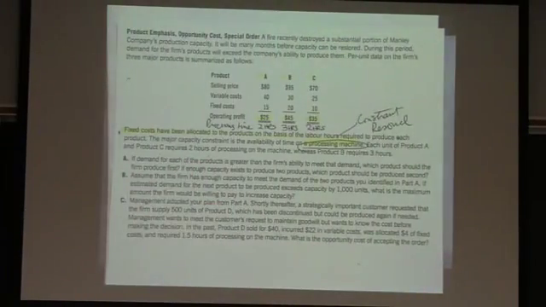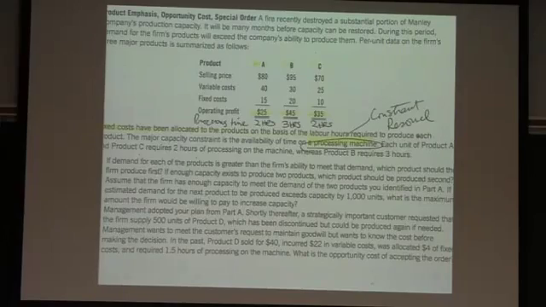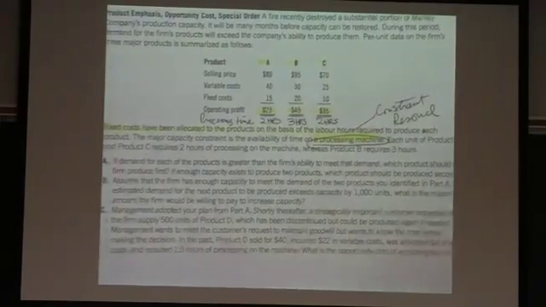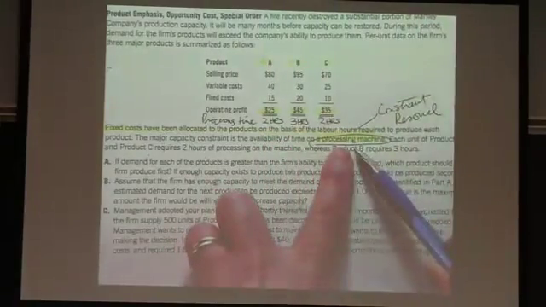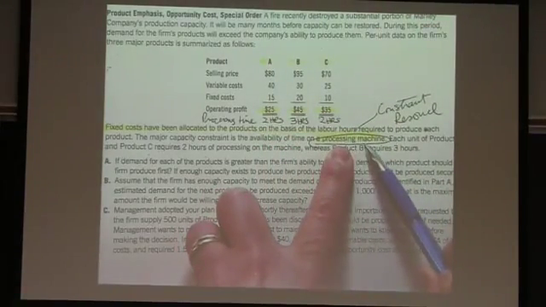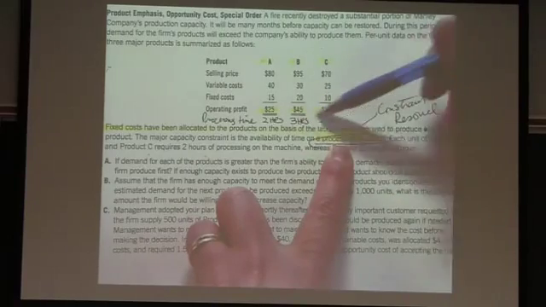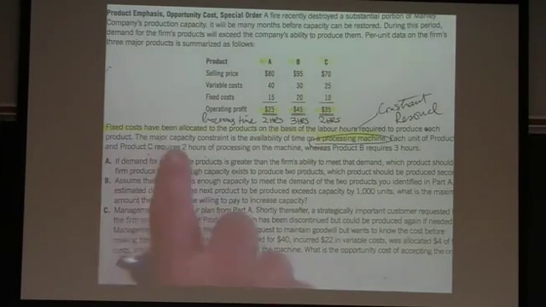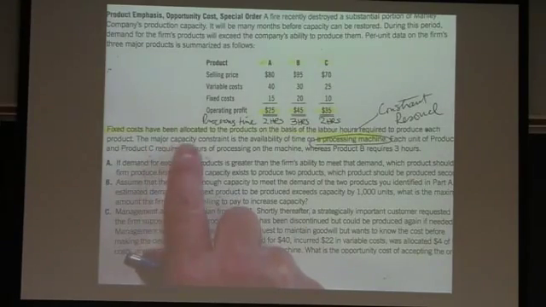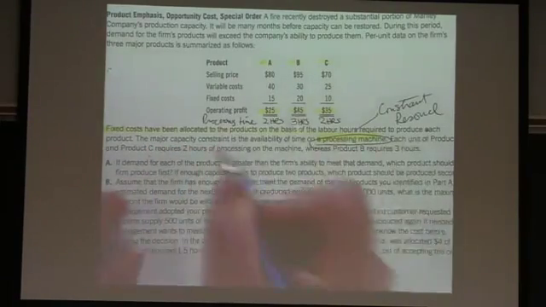Let me make this a little bit bigger. So this one requires 2 hours of processing time with the machine, this is 3 hours, and this is 2 hours. We need to know that because the processing machine is our constraint resource. It's the major capacity constraint, so that's why this is a constraint.